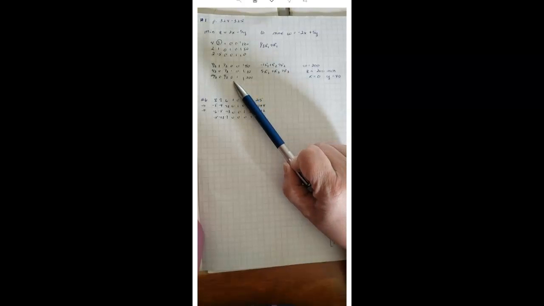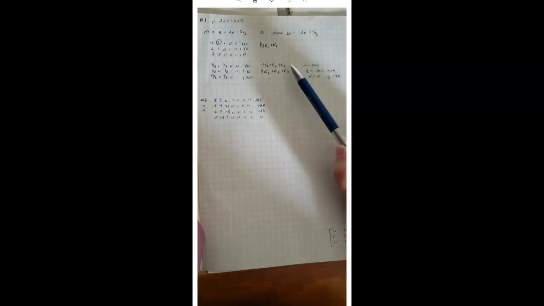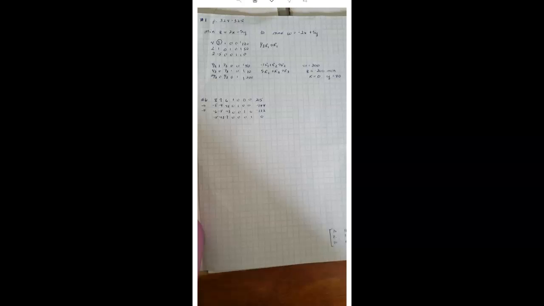Now, once I have my tableau, I know that w is equal to 200. So what does that mean for z? That means that z would be negative 200 for a minimum. And my value for x would be 0, and my value for y would be 40.